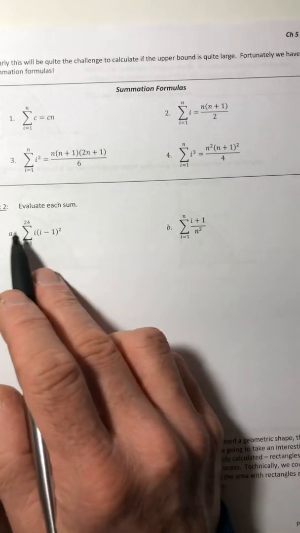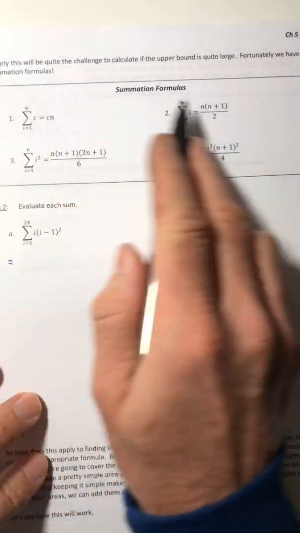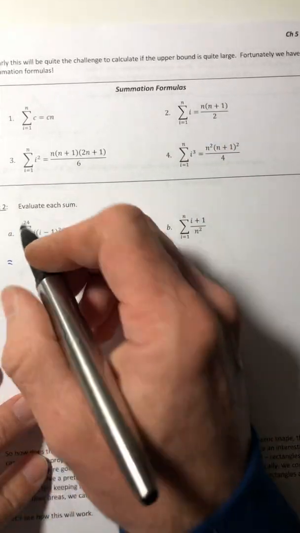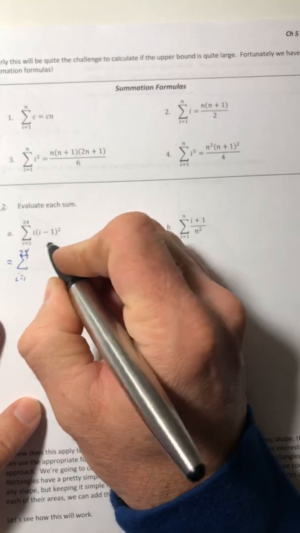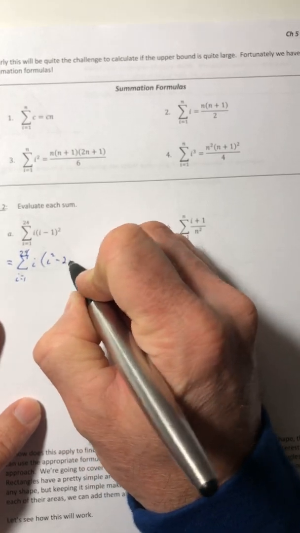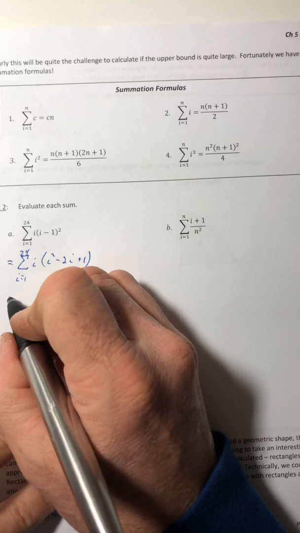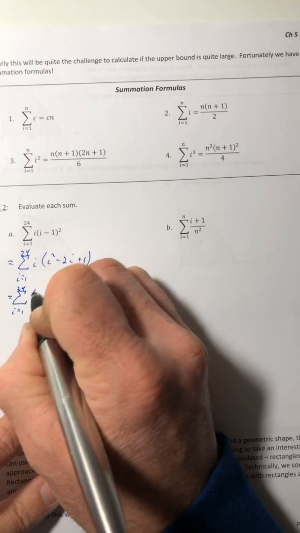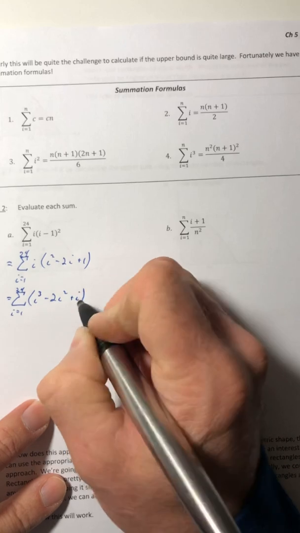Okay, so let's go ahead and try at least this one out. If you notice, this one doesn't really fit any of these, so we've got to expand this out. If I FOILed, I'd get i squared minus 2i plus 1, and then I'm going to distribute the i. So i to the third minus 2i squared plus i.